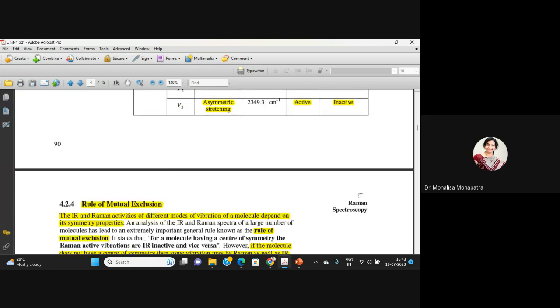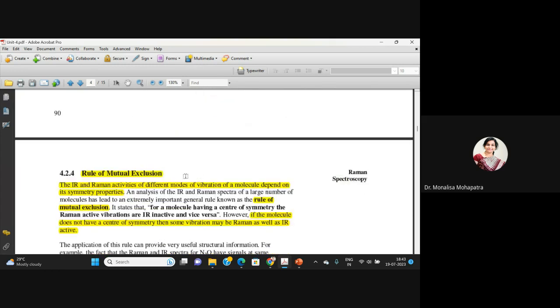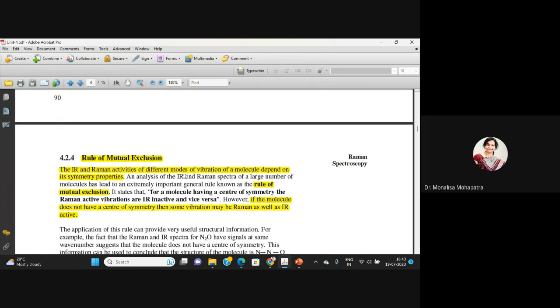There is a rule for this in Raman spectroscopy, called the rule of mutual exclusion, or the mutual exclusion principle.